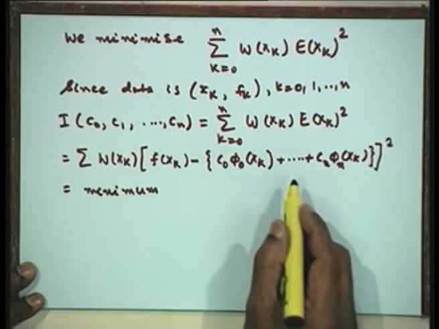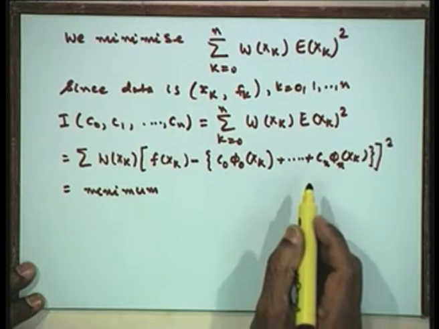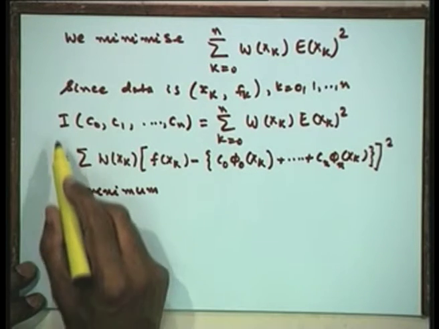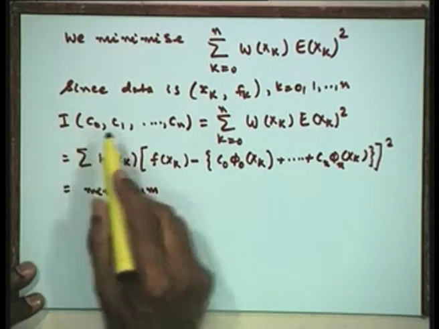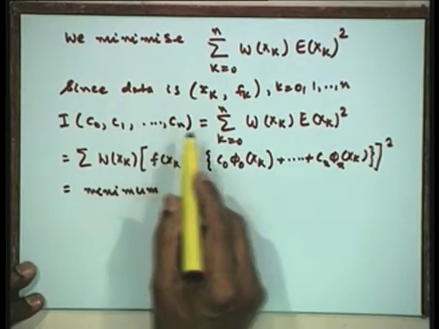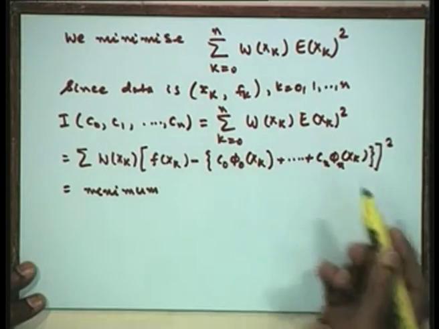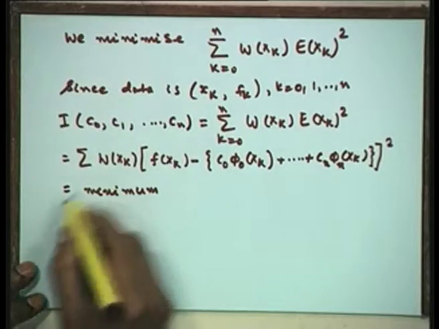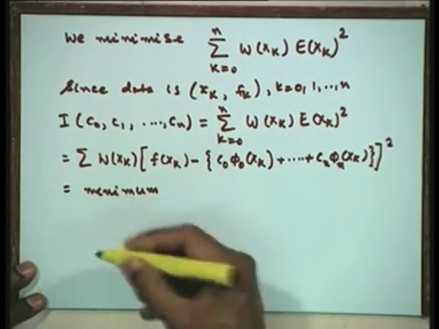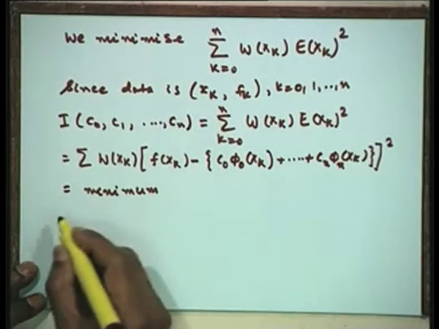Therefore, it is a simple minimization problem of calculus. So, we require that the partial derivative of I with respect to the constants C naught, C 1, C 2, C n should be equal to 0, in order that it has a minimum or a maximum. We shall show that it is a minimum later on.